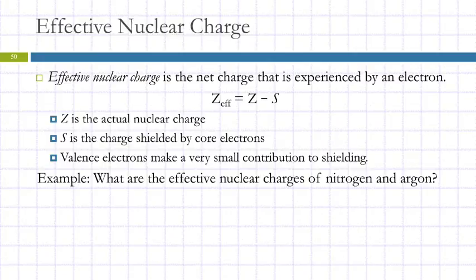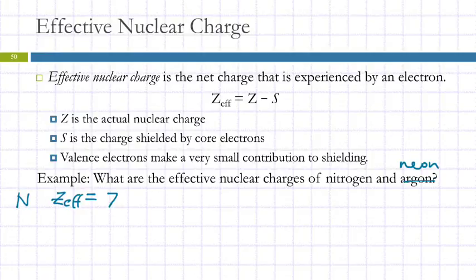So let's look at the effective nuclear charges for nitrogen and neon. So for nitrogen, the effective nuclear charge is going to be the atomic number, the number of protons in the nucleus, which is what? 7. 7 protons, minus the number of core electrons.